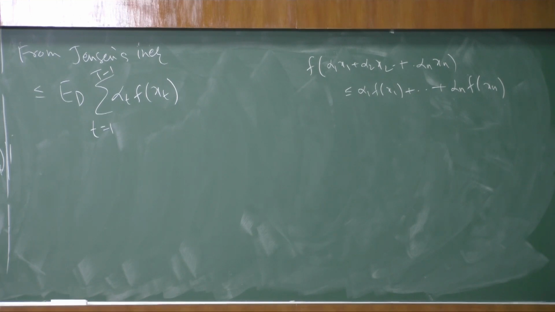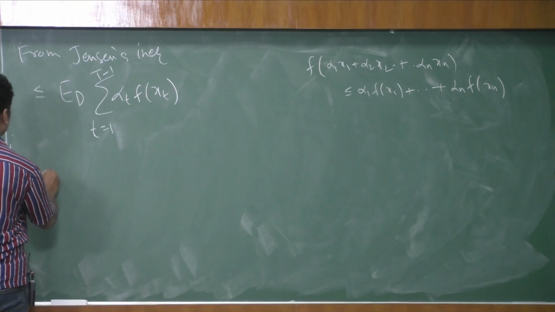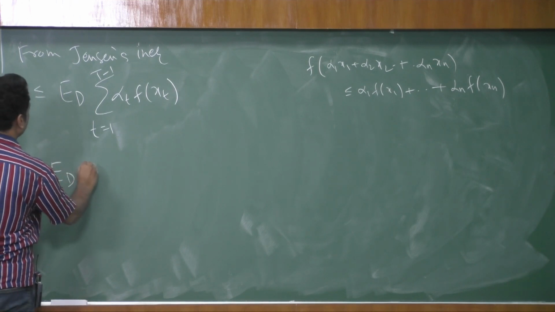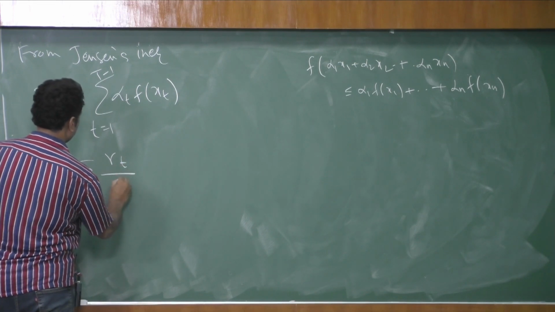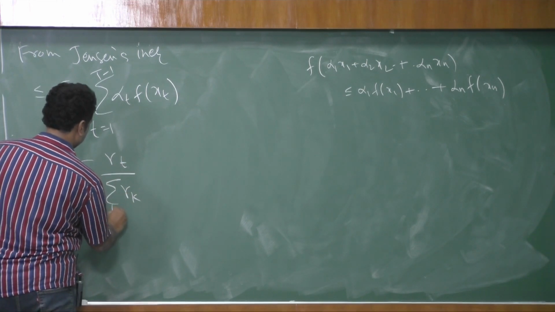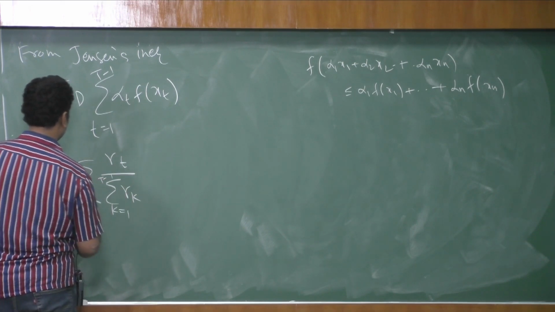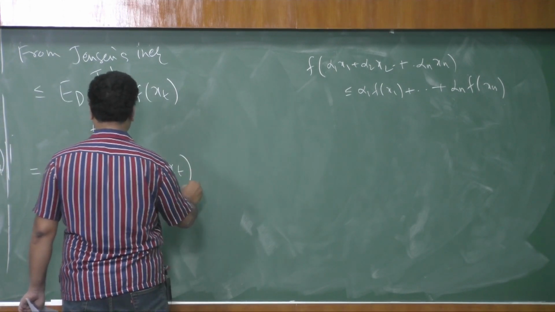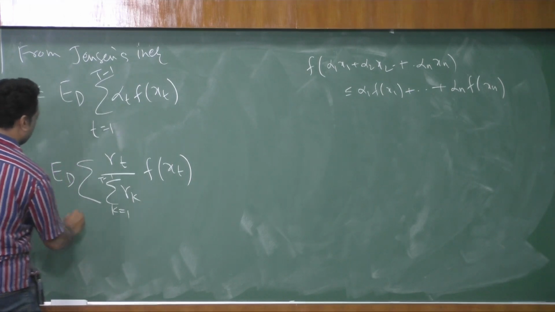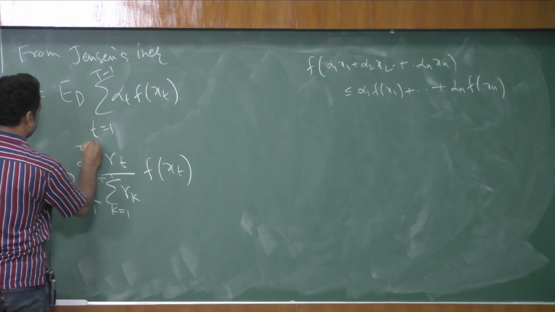And so in our case, alpha t we will substitute back, okay? So in terms of gamma, alpha t is gamma t divided by sum of gamma k, and then we have f of x t, t equals 1 to t minus 1.